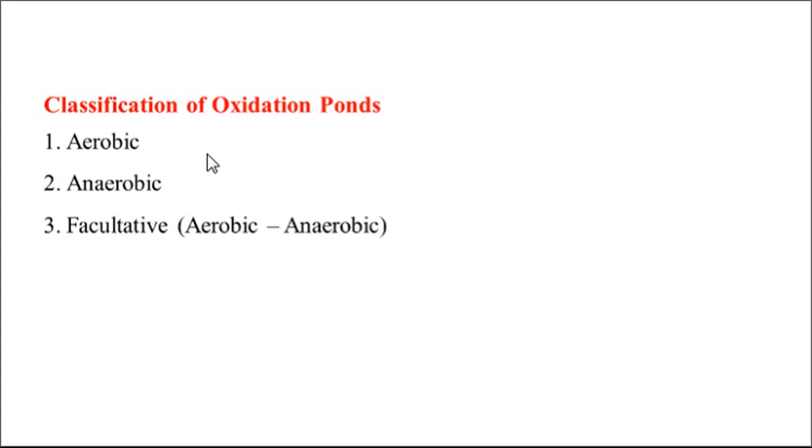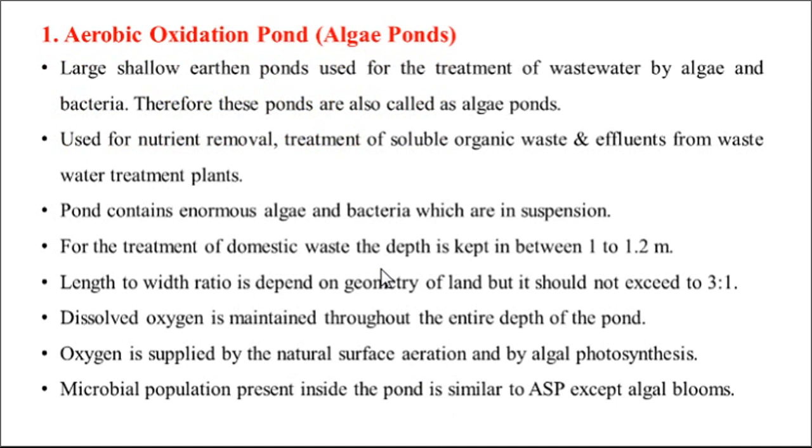Aerobic pond, in which the aerobic bacteria are predominant. In anaerobic pond, the anaerobic bacteria are sufficient in number, while in facultative ponds both aerobic and anaerobic bacteria are present.